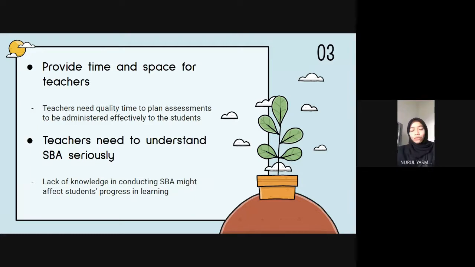The lack of knowledge in conducting SBA might affect students' progress in learning, because if their teacher themselves does not understand the SBA, what happens to their students? So I believe these are the solutions that we can do to avoid the issues.